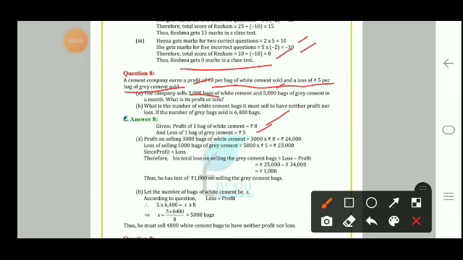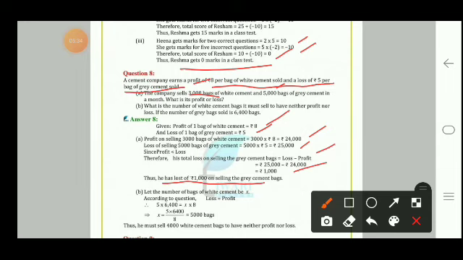The profit for selling 3000 bags of white is 3000 into 8, that is 24,000. The loss of selling 5000 bags at a rate of 5 is 25,000. Overall there is a loss, because the total profit is smaller than the loss, so loss minus profit, that is 25,000 minus 24,000, 1000 is the answer. Thus he has a loss of 1000 rupees.